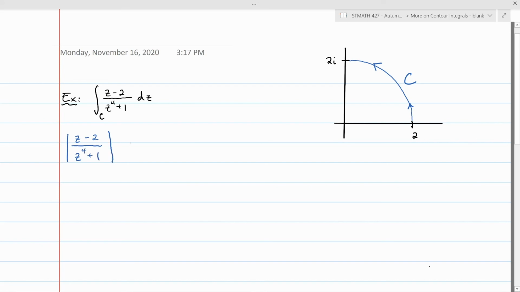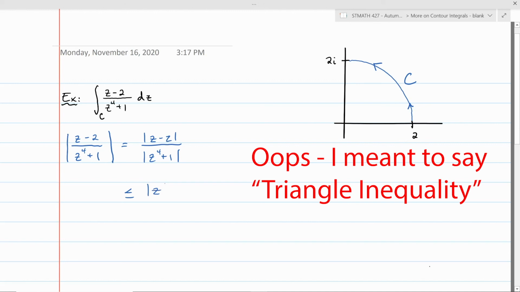Well, according to the triangle inequality, this would be less than or equal to, first let's say we're doing modulus of (z minus 2) over modulus of (z to the fourth plus 1), just using the property of modulus there. And the numerator, we know, using the triangle inequality, would be less than or equal to modulus of z plus modulus of negative 2.